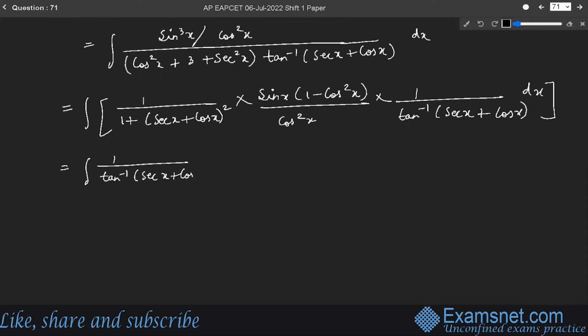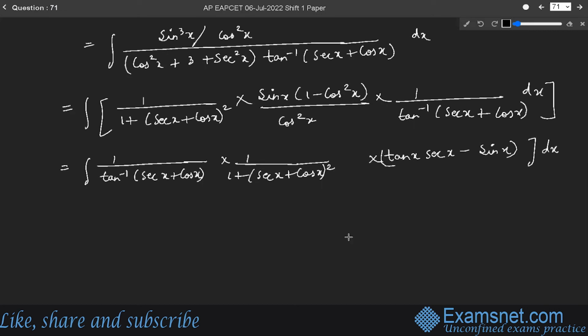On further solving it, this will be equal to integral of 1 upon tan inverse sec x plus cos x into 1 upon 1 plus sec x plus cos x whole square into tan x into sec x minus sin x and dx.